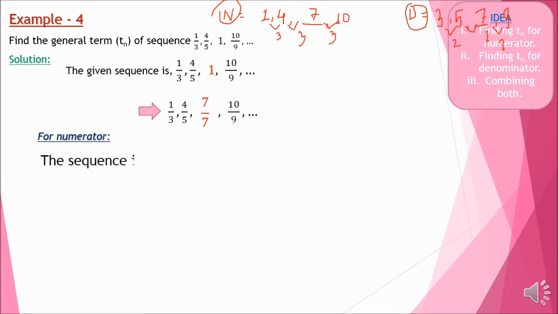the sequence for the numerator is 1, 4, 7, 10, and let's see, is it linear or quadratic? The gap is 3, the gap is 3, the gap is 3. So the gaps are equal.